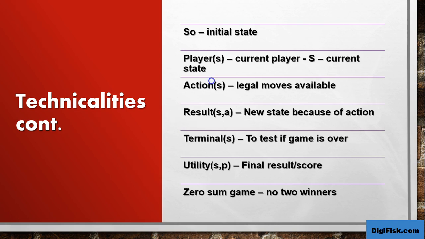So if the final values of the game are +1 for win, -1 for lose and 0 for draw, then when you add all of these up, +1 plus -1 plus 0 is actually 0. That's why it's called zero sum, because there can't be two winners and the sum of all of these utility values is actually 0.